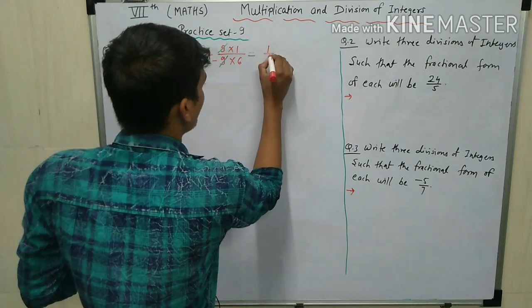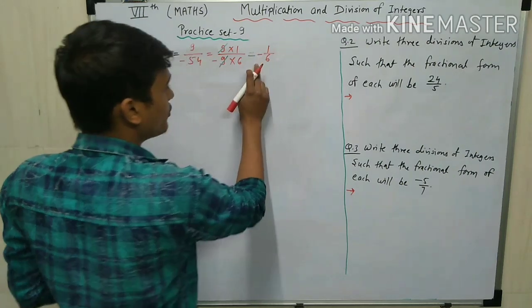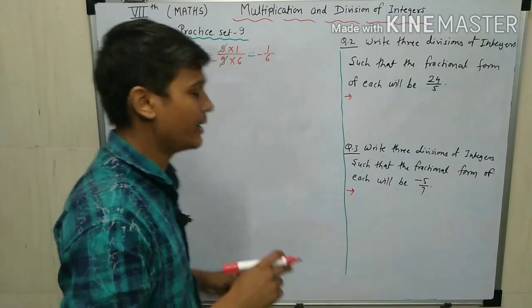We can write here 1 upon 6, but the sign is negative: one negative integer, so the quotient is a negative number.